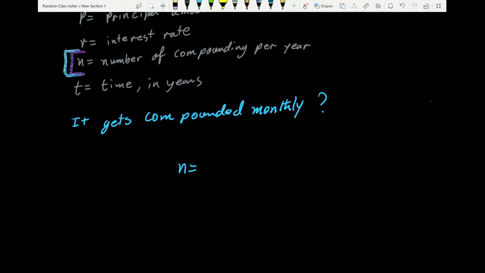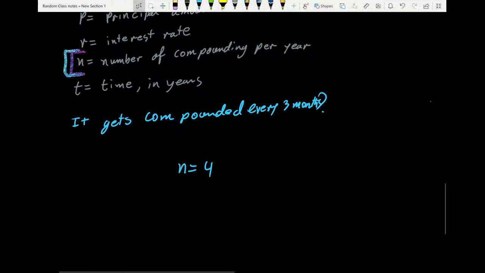How many months are there? 12. Then let's say quarterly, compounded every 3 months. How many 3 months are there in a year? In this case, it will be 4. Do you guys understand that?